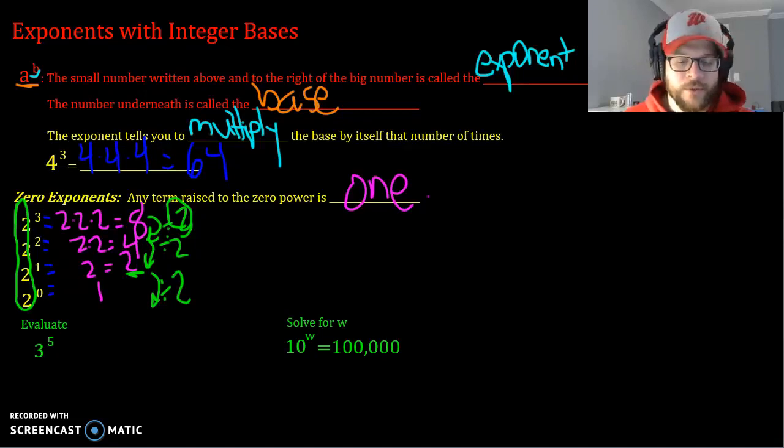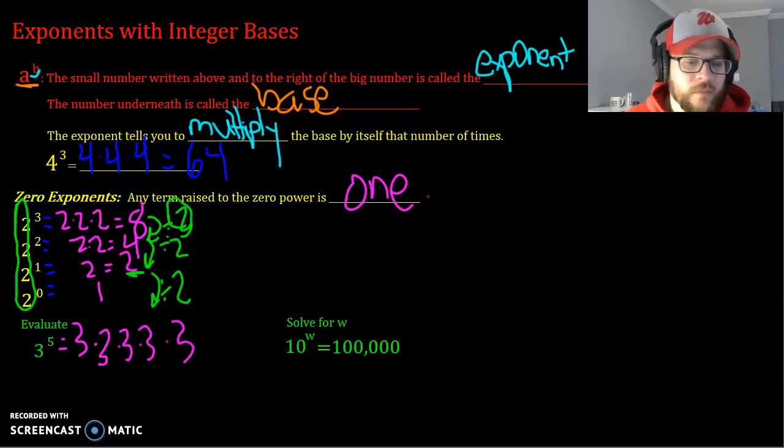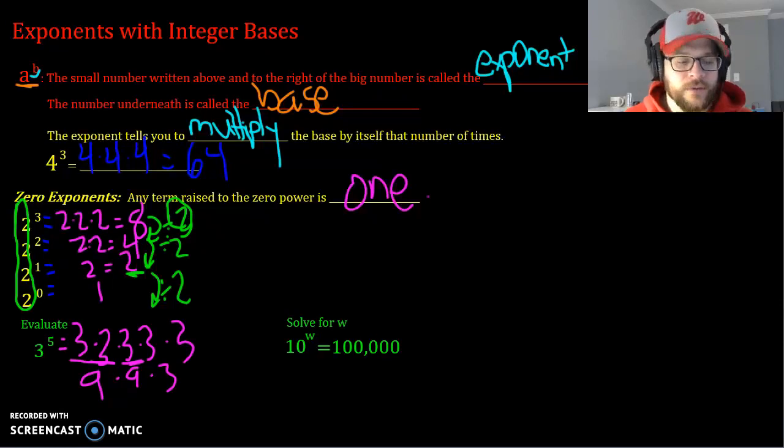Now, a couple examples in order to evaluate. 3 raised to the 5th power is the same thing as saying 3 times 3 5 times. We know that 3 times 3 is 9, and we're going to do that again with the second one. And then we're going to multiply that thing times 3. We know that 9 times 9 is 81.